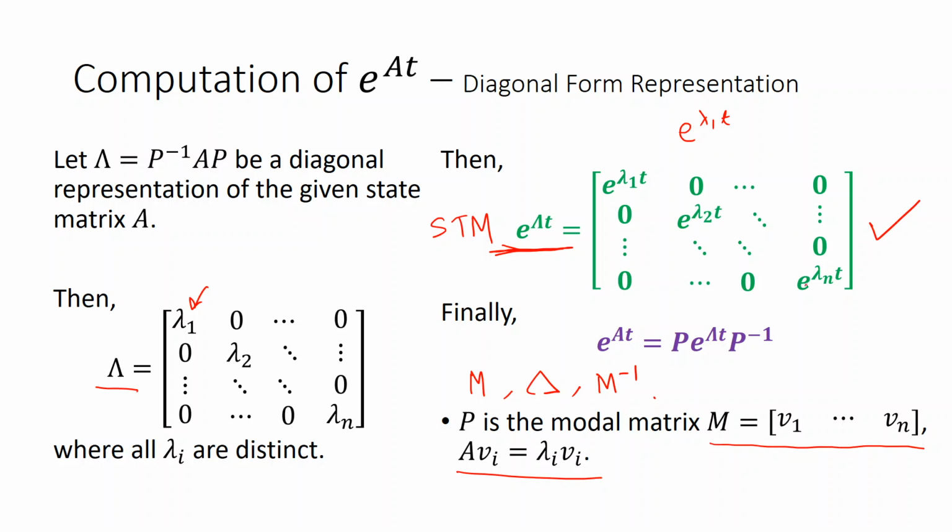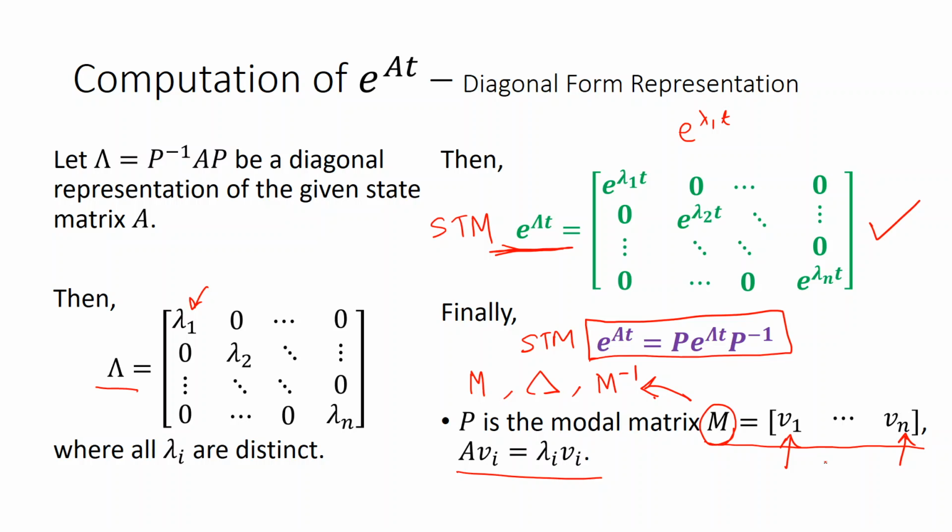Once this is known, what is your job here? Basically your job is to find out the M inverse and do this computation to get e to the power of At, the state transition matrix in the original state space representation. The computation boils down to figuring out your M, which is very easy to find because the eigenvectors are easy to compute using column operations, or sometimes by direct observation.